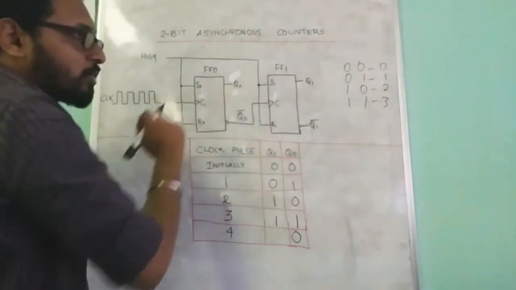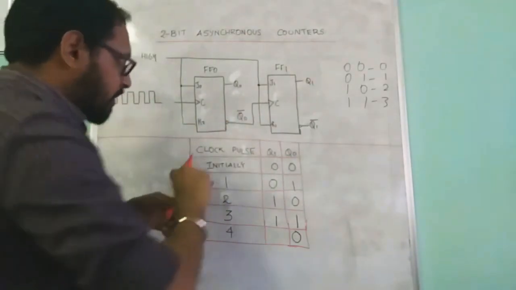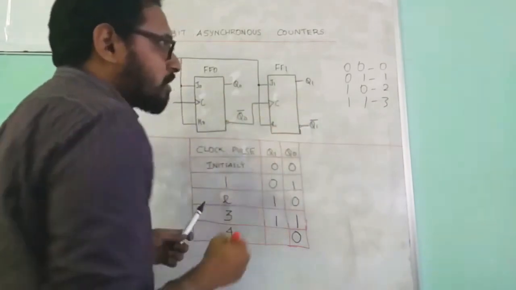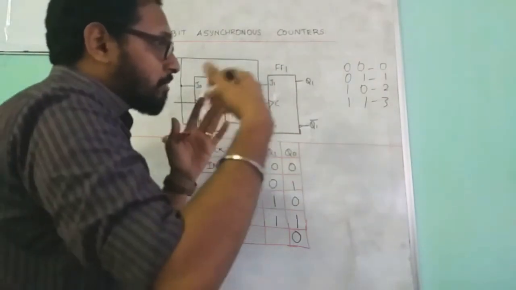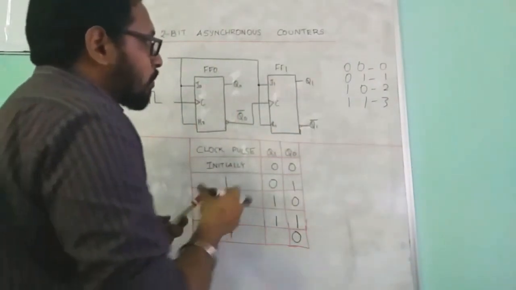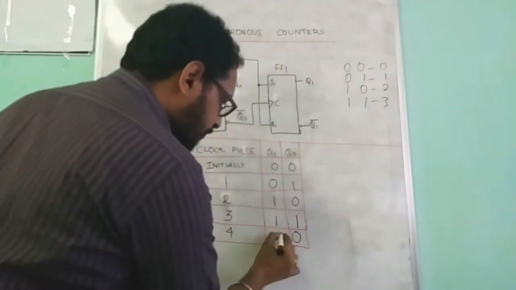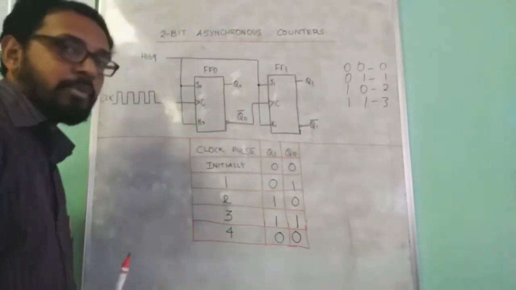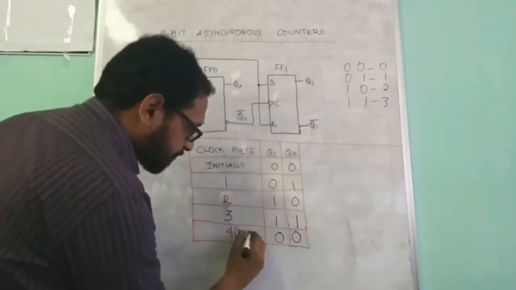When the value of Q0 is 0, Q0 bar will obviously be 1. This is 0, this is 1, and 1 is propagated as clock to flip flop 1. It's positive, so it's triggered. So Q1, which holds the value 1, should change to 0. From there onwards, the pattern will be repeated. So we will write here recycles.